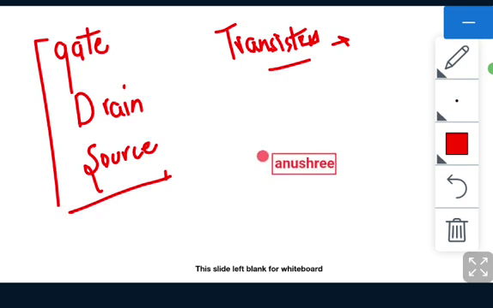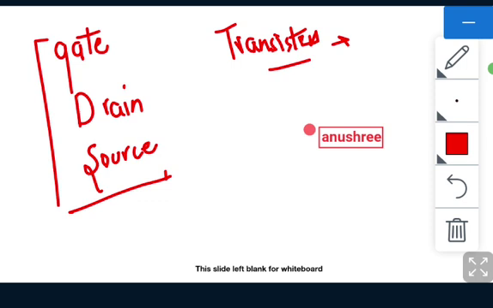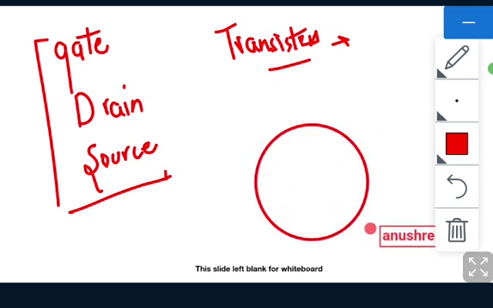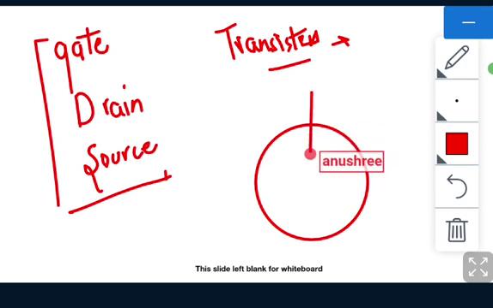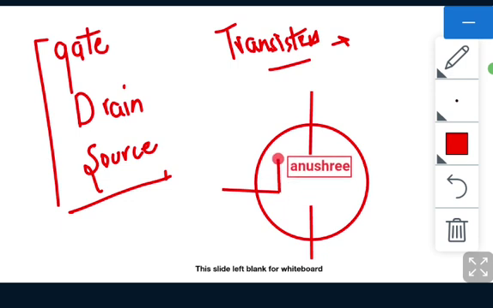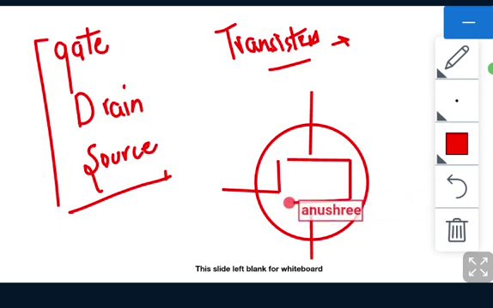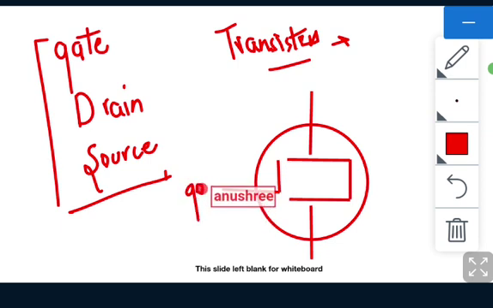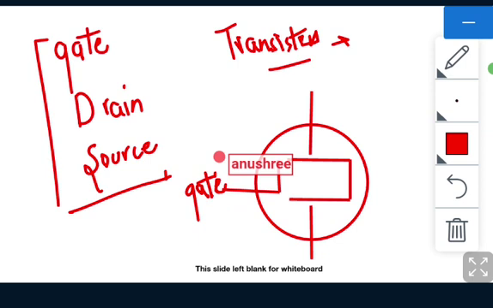Now if you see their diagram, it's like this. So this is gate. Is that supposed to be an arrow pointing to that? Yes.